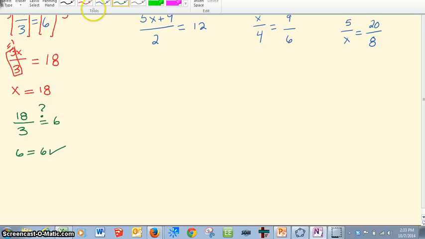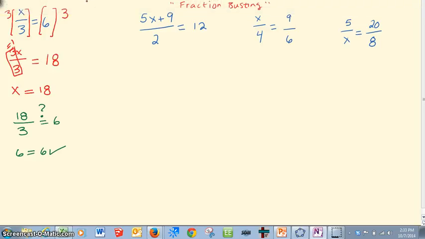I'm going to use the fraction busting technique over here on the left. If I have a simple factor of 2 in the numerator, then I'll have a reducible result on the left. The multiplication property tells me if I scale the left side of the equation by 2, I also have to scale the right side of the equation by 2.